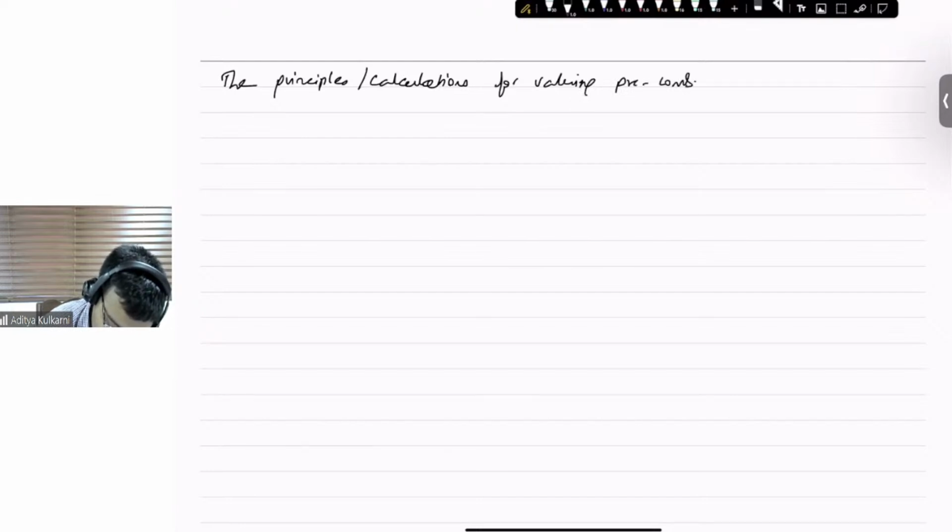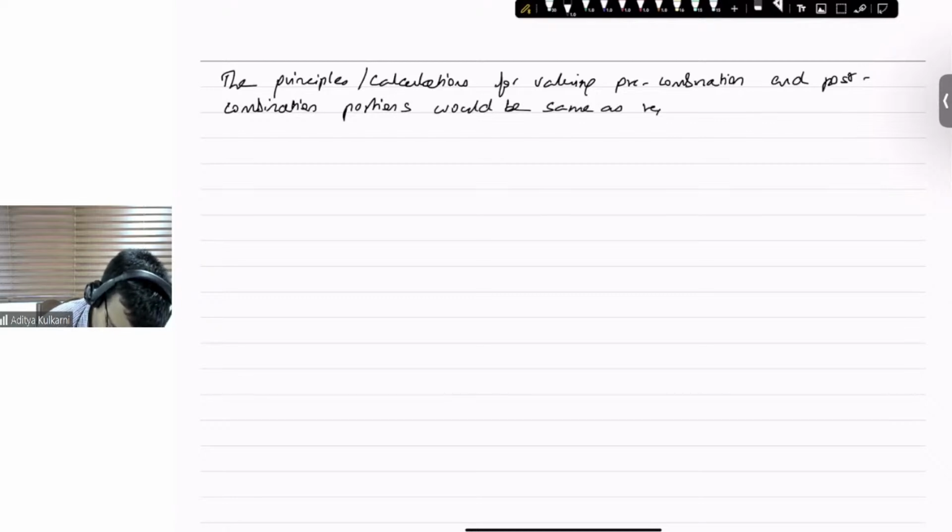The principles and calculations for valuing pre-combination and post-combination portions would be the same as replacement awards.